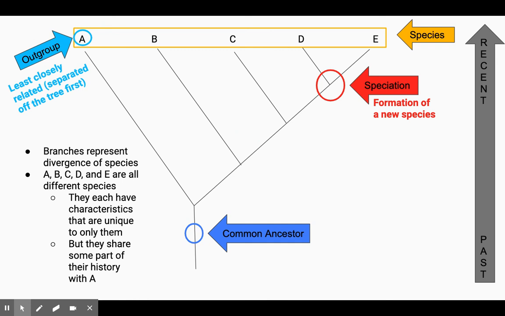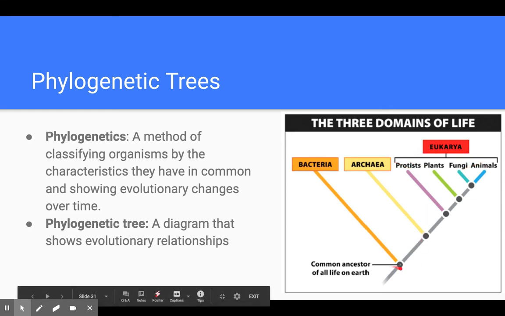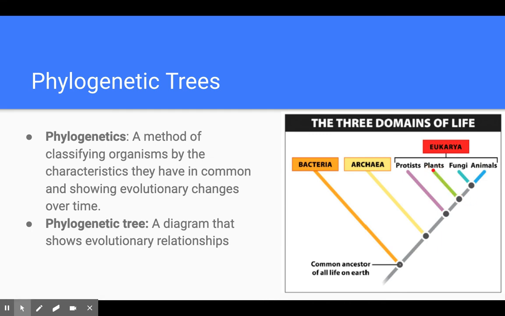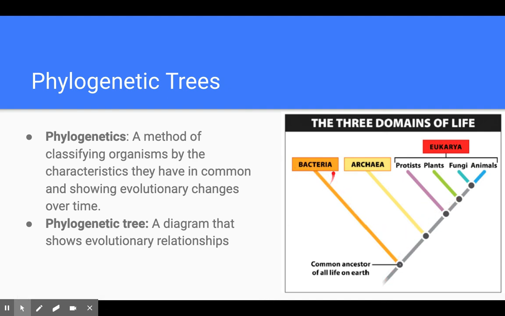So really quickly, before we end the notes, I want to take you back to our domain of life phylogenetic tree. You can see our 3 domains and then our kingdoms for the eukarya section. And each of these is a node, right, or a characteristic that derived, that created that species. So now that we know a little bit about phylogenetic trees, we know that bacteria is our outgroup, animals is our most recent species to develop.